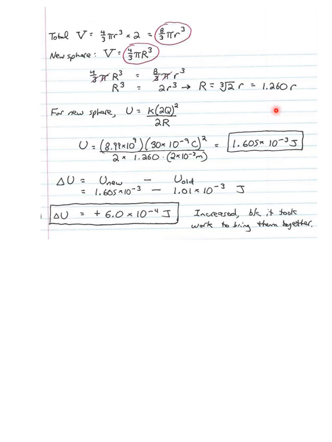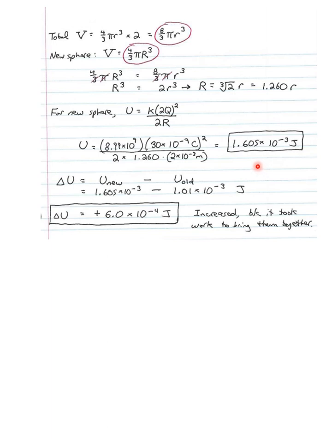So now let's apply that new radius to our new sphere and find out what the new energy is. Energy is k times, now we have 2Q because it's twice the charge of each of those individual Q's that we had before, squared, divided by 2 times the big R. As we plug in the values, there's k, there's your total charge, 30 nanocoulombs squared, divided by 2, and now your big R, and you get 1.605 times 10 to the negative 3 joules.